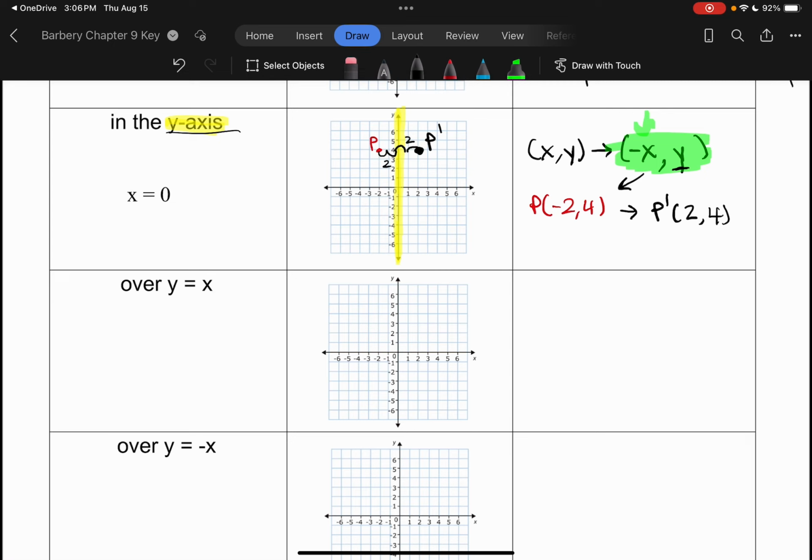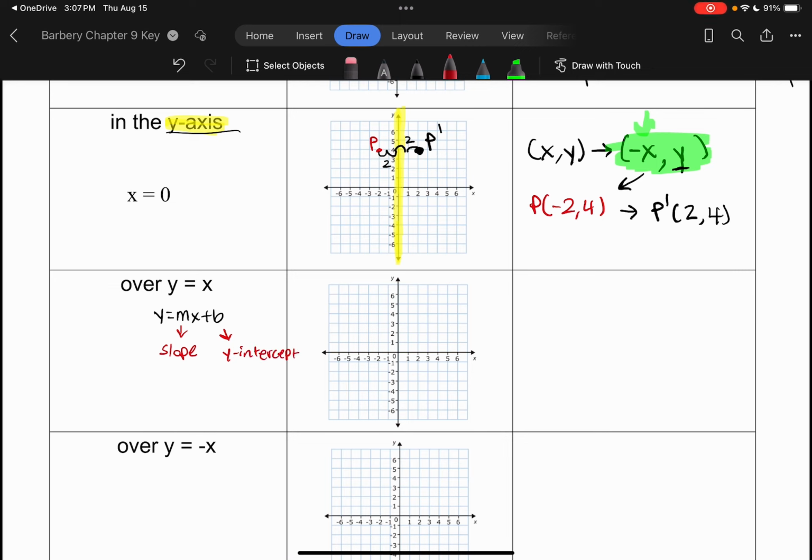All right, next one that we have here is reflecting over the line y equals x. Keep in mind that the line y equals x is in the form of y equals mx plus b. So in this case, remember m is your slope, b is your y-intercept.